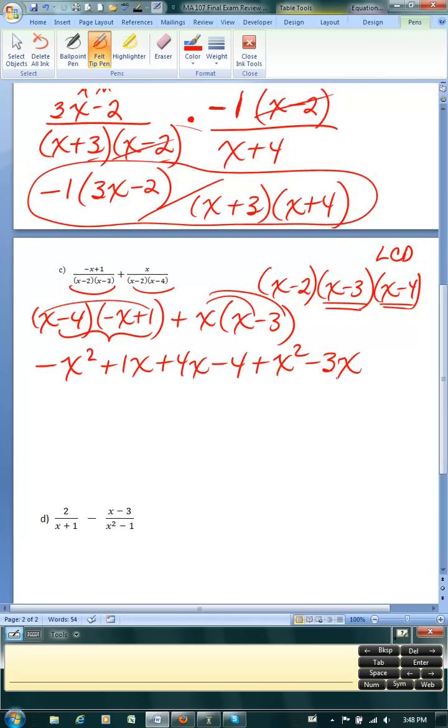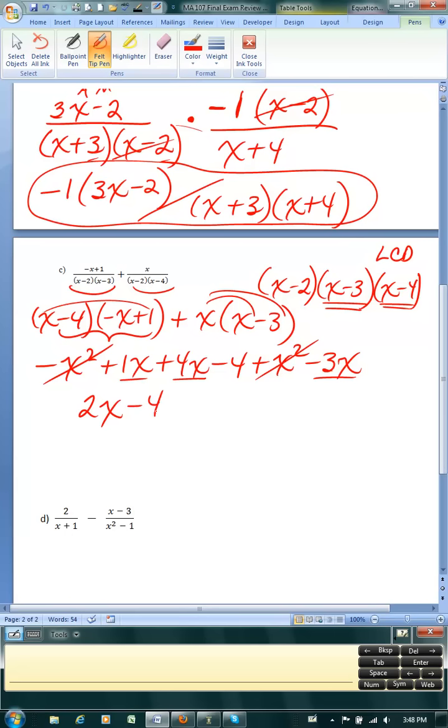All of this is over the same denominator, so I'm just going to go ahead and add like terms, and then I'll put everything on top of the LCD. So we're crossing out the x squared. We have 4x plus 1x is 5x, minus 3x is 2x, minus 4.